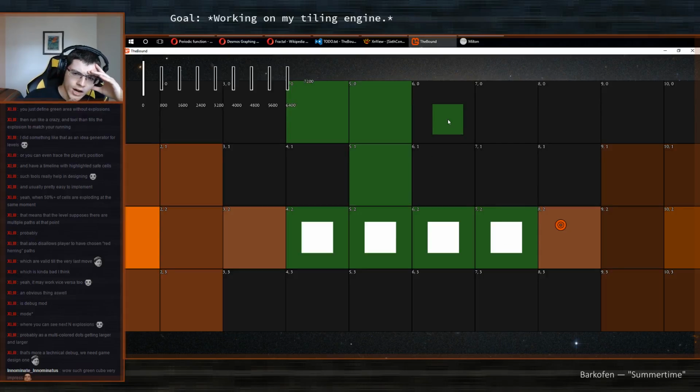I'm trying to think about how I want to draw this sort of area that my player can be at.